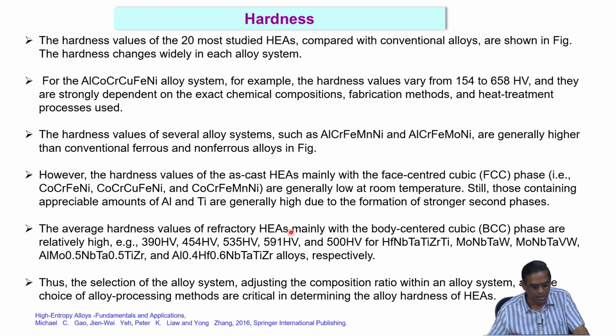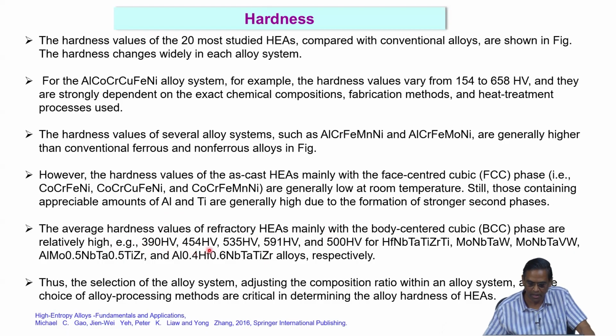And another important class is refractory high entropy alloys, which we will also talk about tomorrow in the high temperature properties. It is a new class of high entropy alloys, mainly body centered cubic phase, and the hardness of this phase is relatively high.